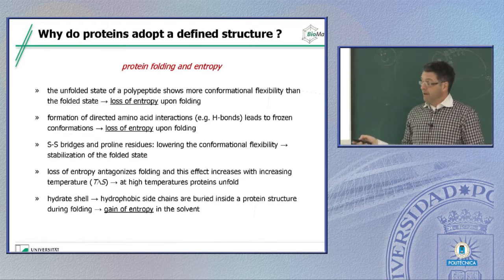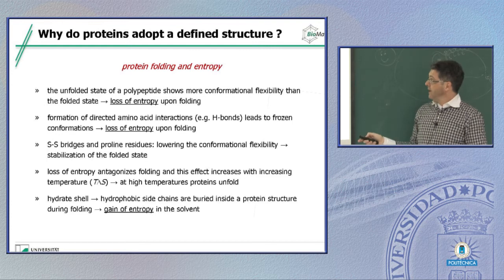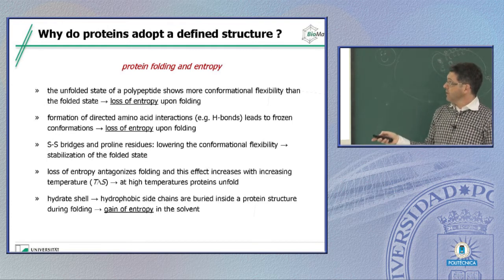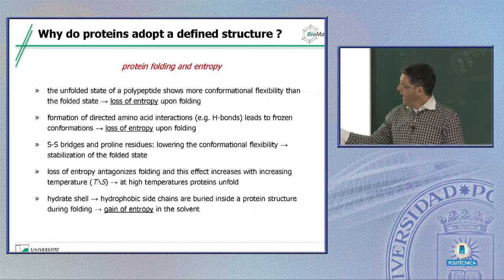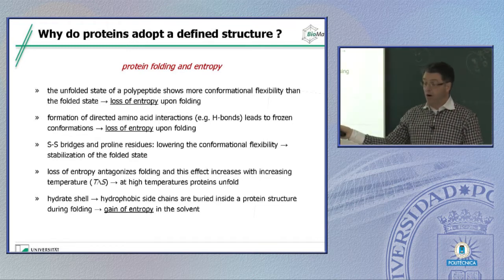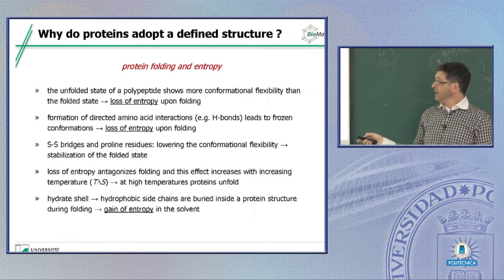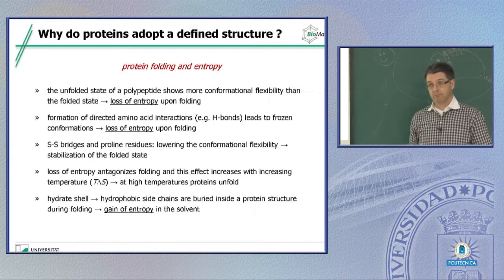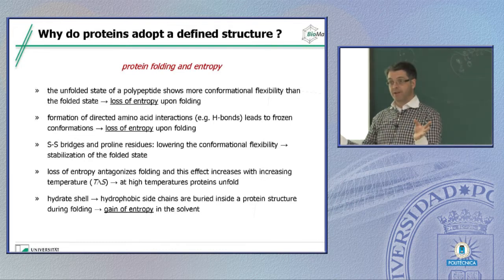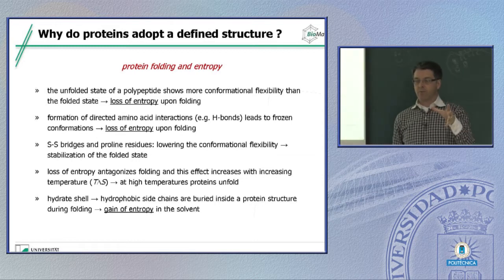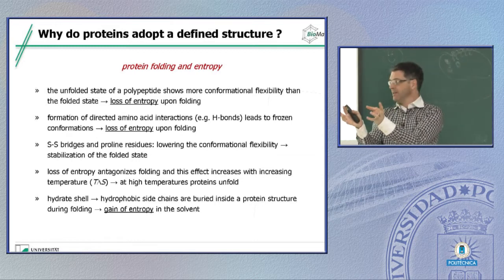If we have a look at the loss of entropy, then it antagonizes folding, and this effect increases with increasing temperature. So entropy changes are always temperature related, meaning that at high temperature, proteins unfold. And you know that boiling of an egg is a typical example for that. So you have the proteins in the egg.